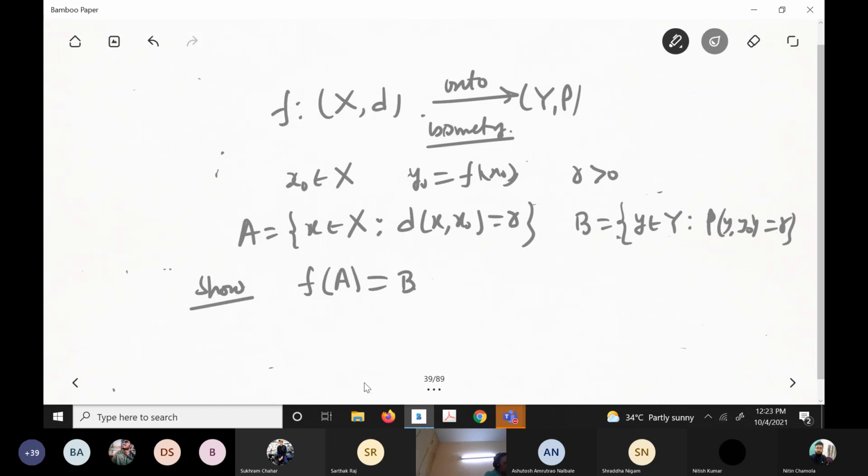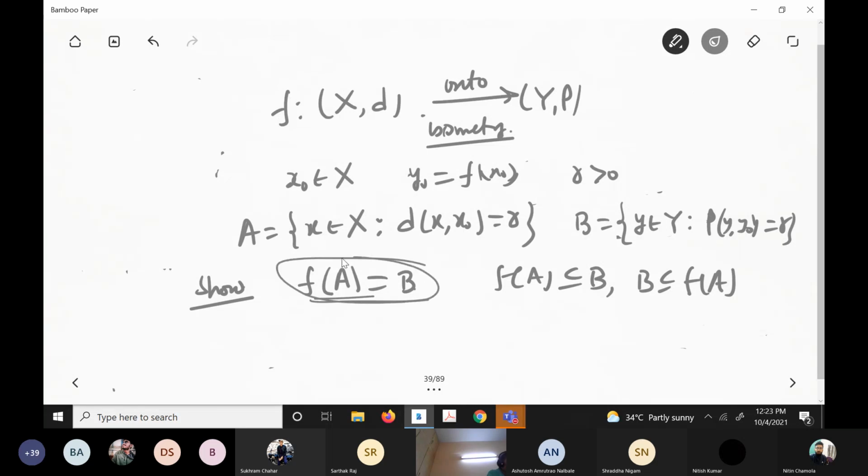Actually, the easiest way to show it is to show that FA is contained in B and B is contained in FA. That's the way you prove it. Now if you prove it, since F is an onto isometry, F is a bijection, so it is also a one-to-one correspondence.